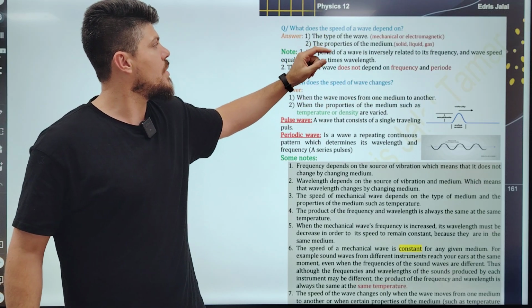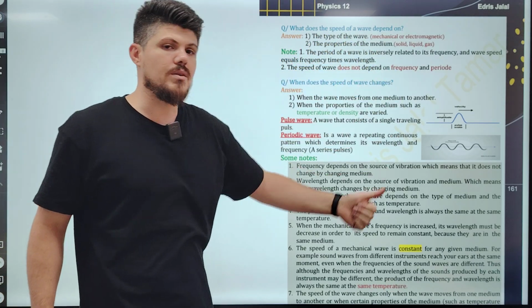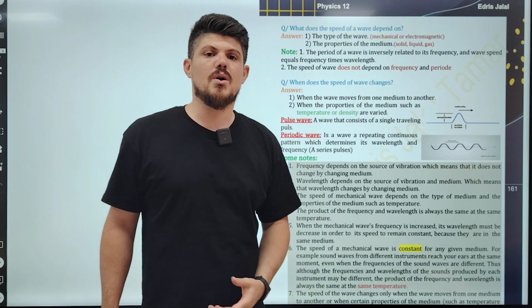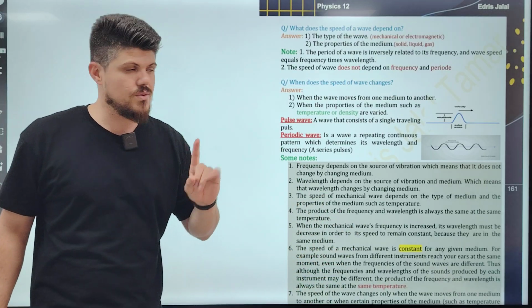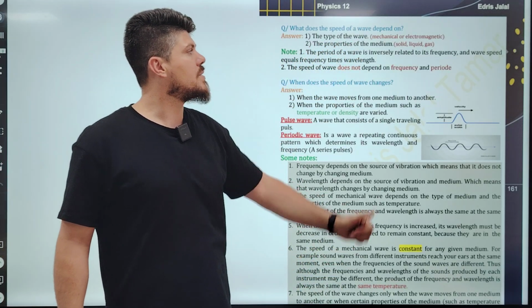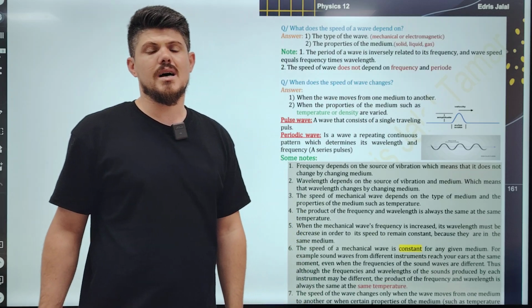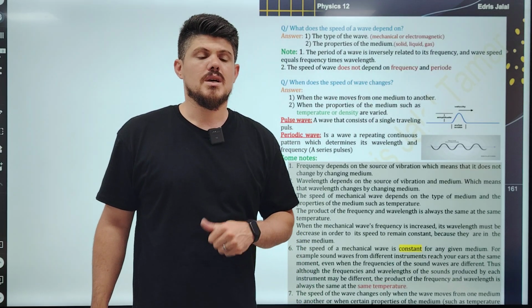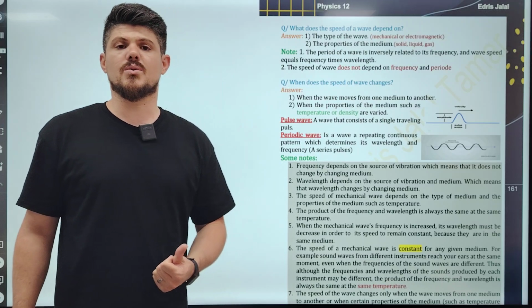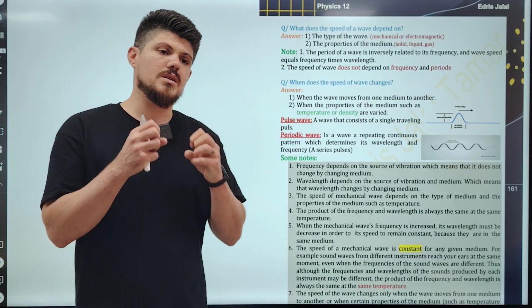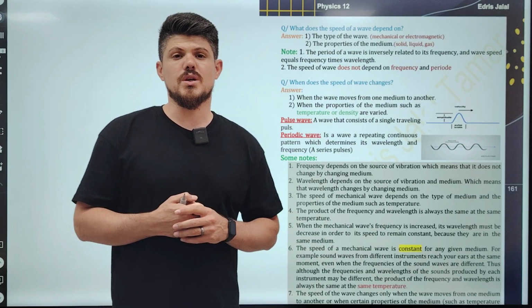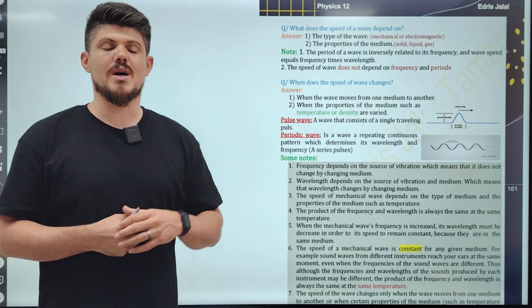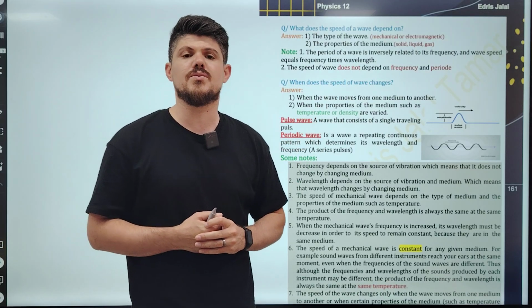So the speed of the wave depends on what? The type of the wave, which is mechanical wave or electromagnetic wave, and the properties of the medium: liquid, gas, solid. The speed of sound in a solid is faster than in a liquid or gas. Why? Because the particles are much closer to each other in a solid, so they can transfer the wave easily and at very high speed.